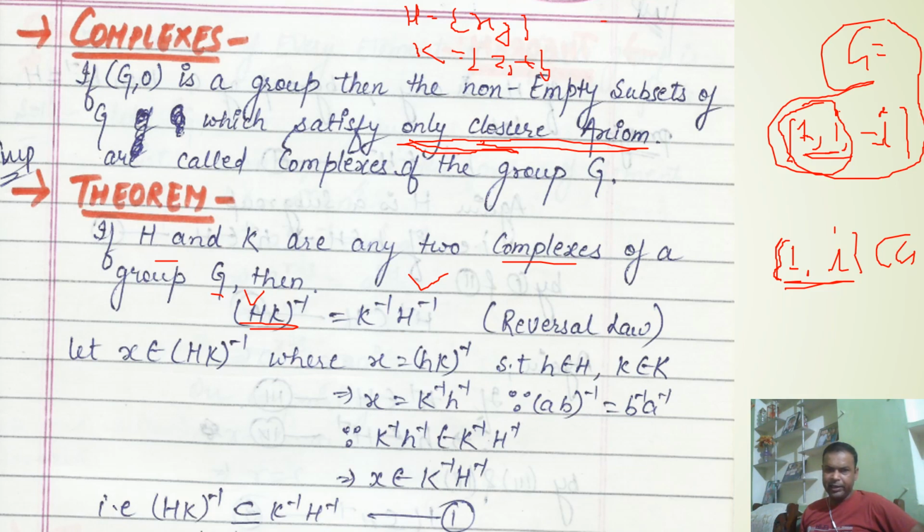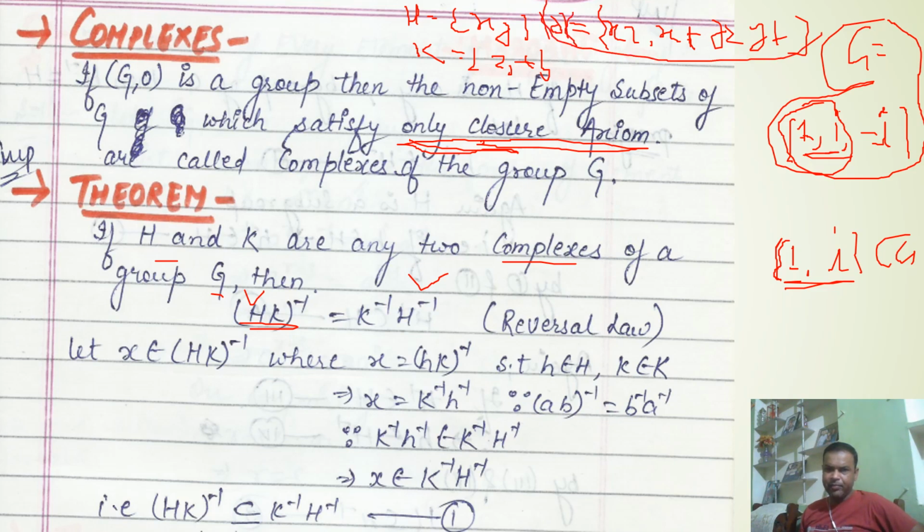I can write XZ, XT, YZ, and YT. These are the four elements which appear in their product. So this new set represents HK, the product of these two complexes.